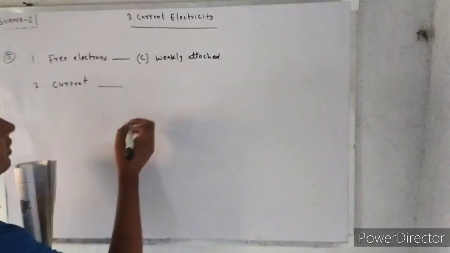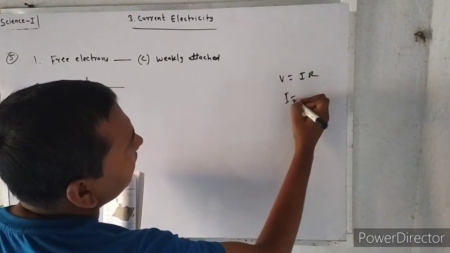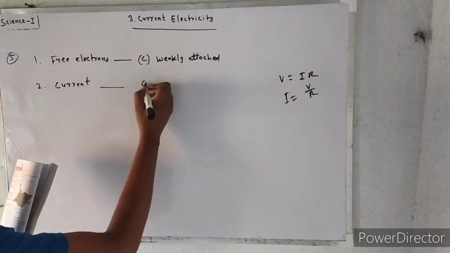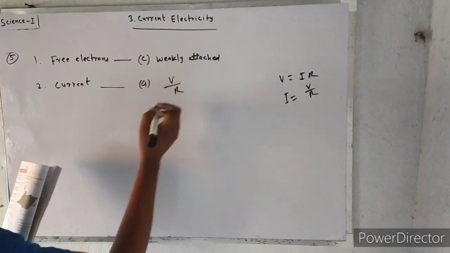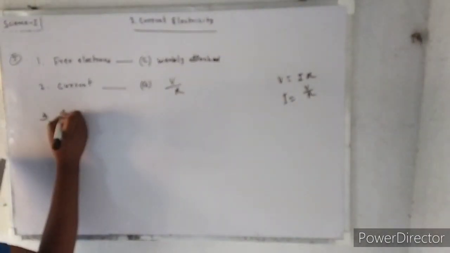This current is equal to, since V is equal to IR, then I will be equal to V upon R. So here will be V upon R. Third one, resistivity.